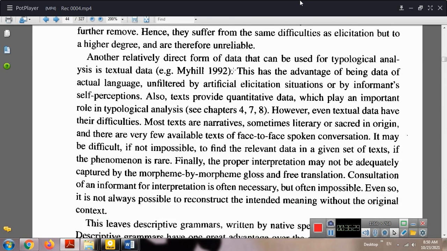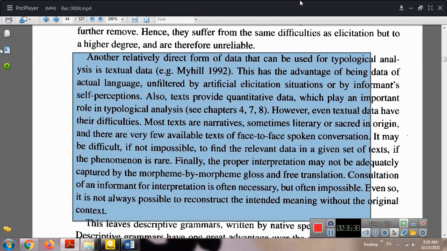Another relatively direct form of data that can be used for typological analysis is textual data.